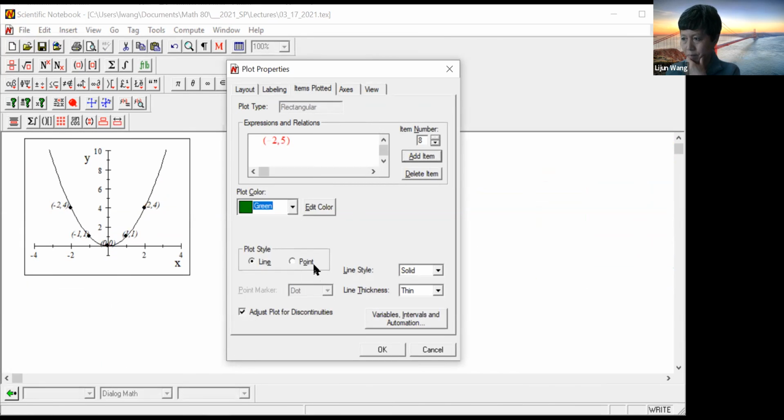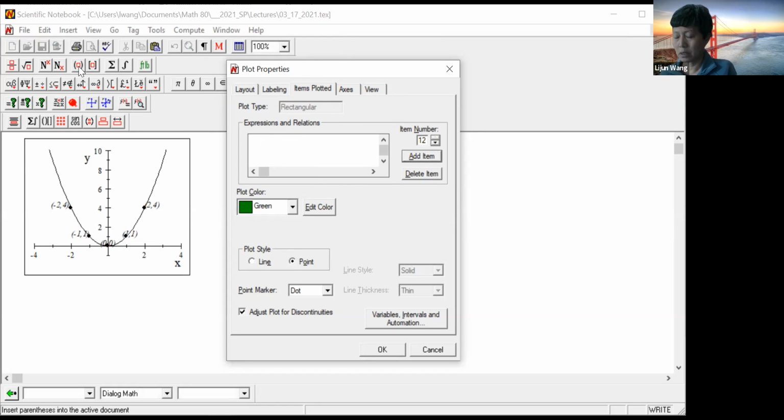Green. Another point is -1, and this is going to be 2. And 0, 1, 1, 2.